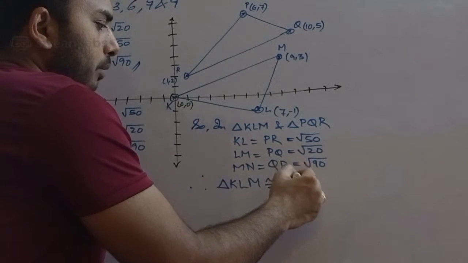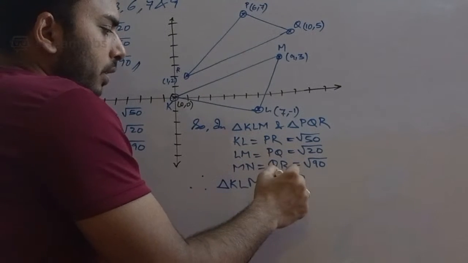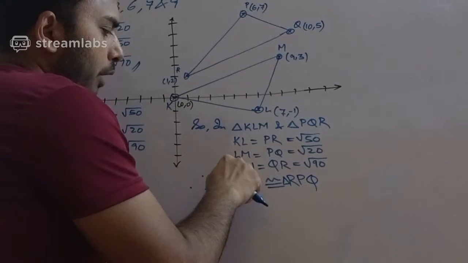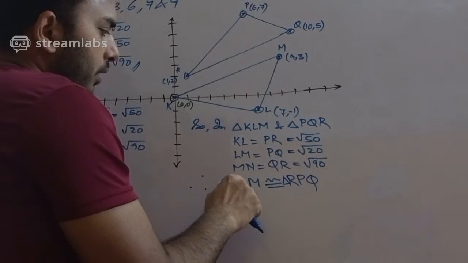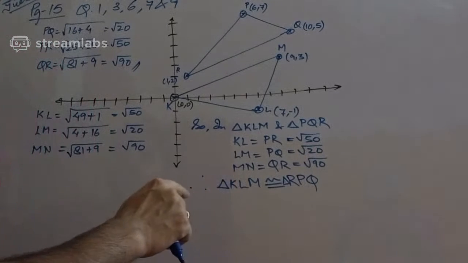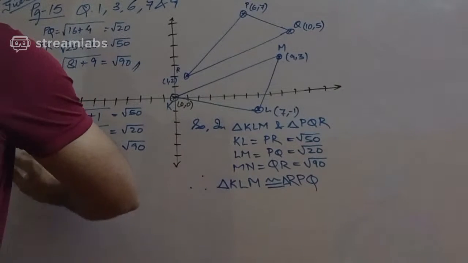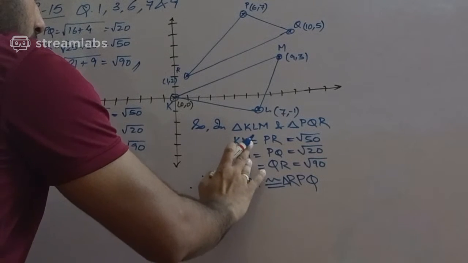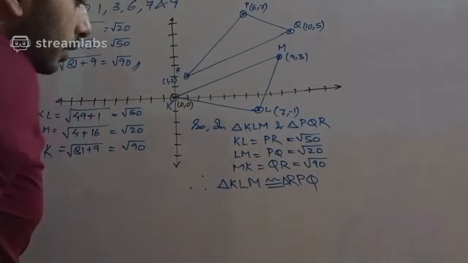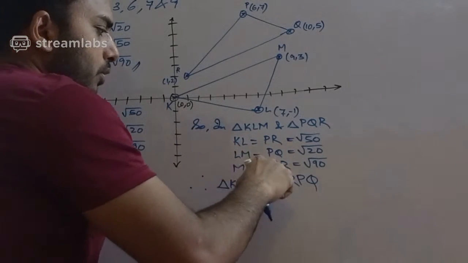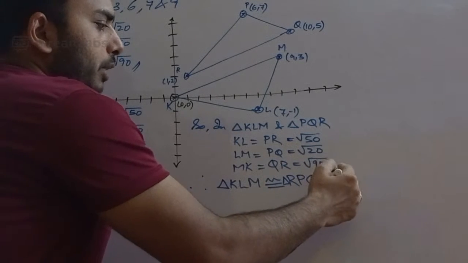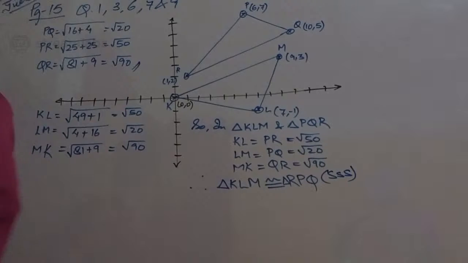So definitely the P point should come in between, then it will come R here, and then Q. So MK should be equal to QR, yes, MK should be equal to QR, and which is this. So they are congruent by SSS. Did you understand this much?